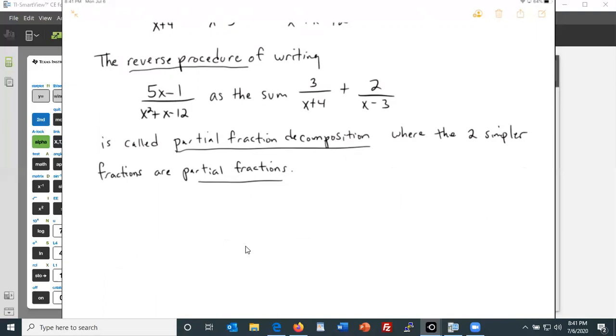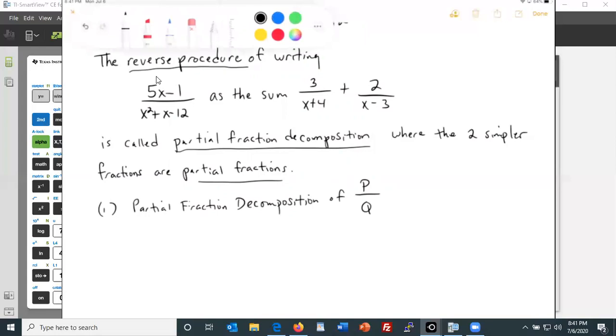we're going to be looking at two different situations. So number one, we want the partial fraction decomposition of P over Q. And just think of the expression here that we just looked at.